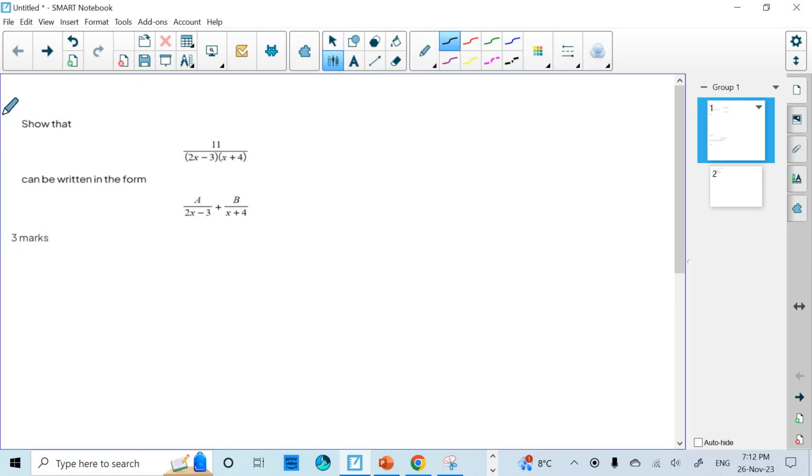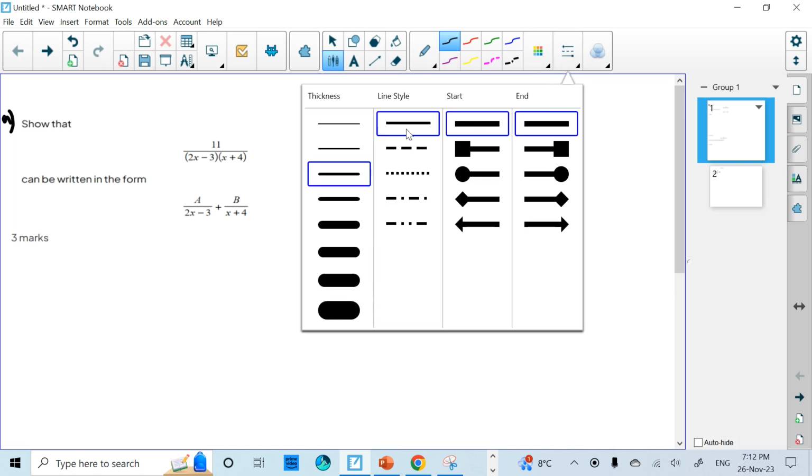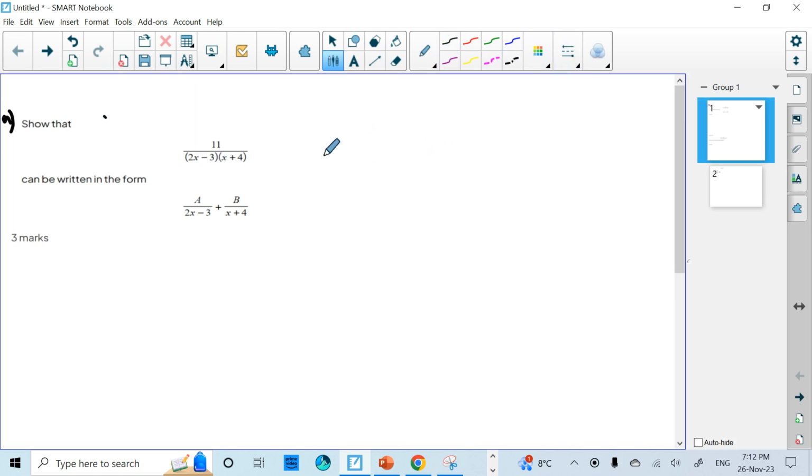This is part A. So let's change the thickness of the pen. That's better. Part A, and let's have a go. So we have 11 over (2x minus 3)(x plus 4). And we should extend that line a bit.